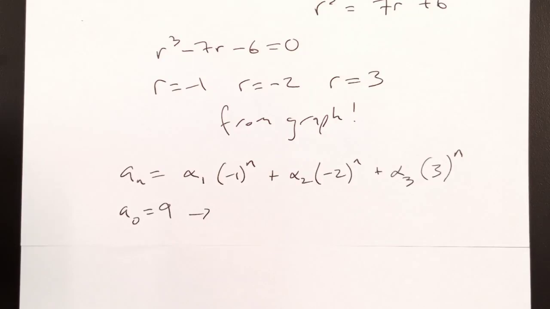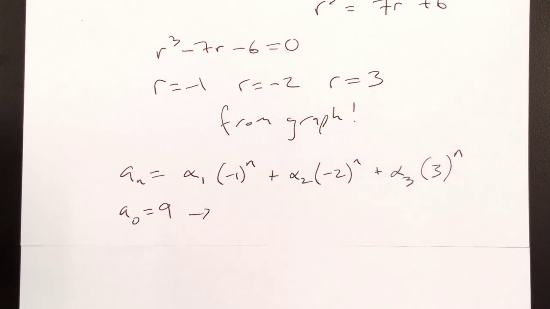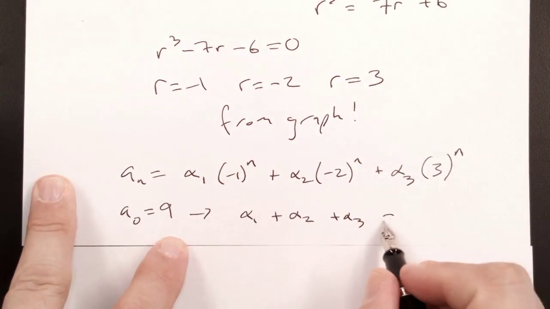I put in all of those n's as zeros. What happens here and here and here? They just turn into ones. -1 to the 0, -2 to the 0, and 3 to the 0. So I get alpha 1 plus alpha 2 plus alpha 3 is equal to 9.